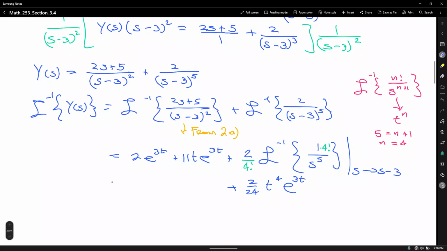The other two terms just go to 2e to the 3t plus 11t e to the 3t, and this is y of t, because the inverse of Y of s is y of t, right?